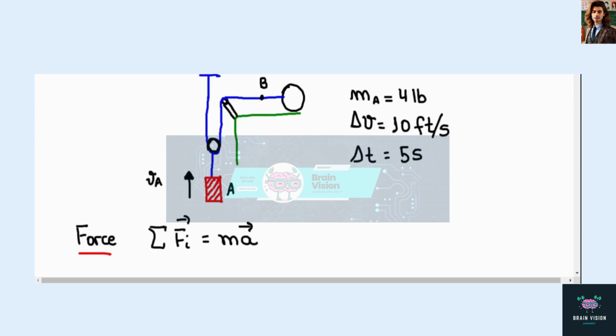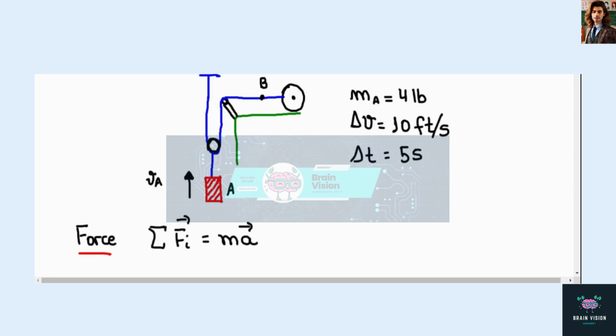In the exercise, we have a block A, according to the figure here, that has a mass of 4 pounds and a motor that pulls block A up, according to the system of ropes and pulleys, such that the initial speed of point B here is equal to 0 feet per second, while the final speed of point B is 10 feet per second after a time of 5 seconds.